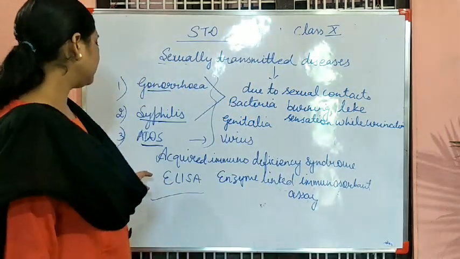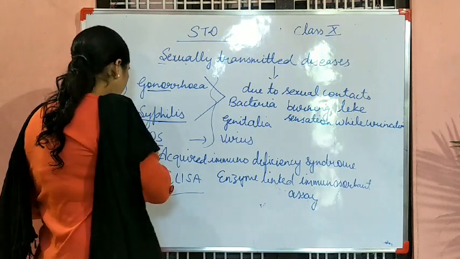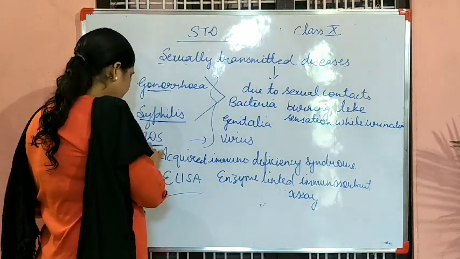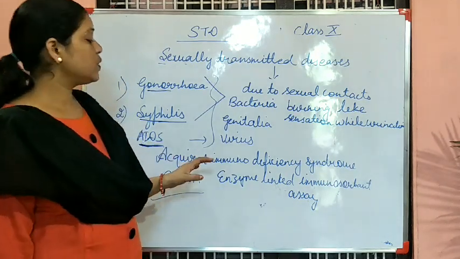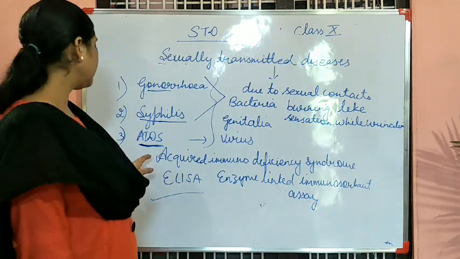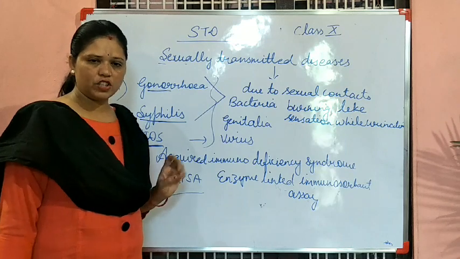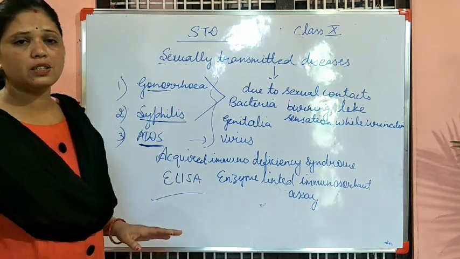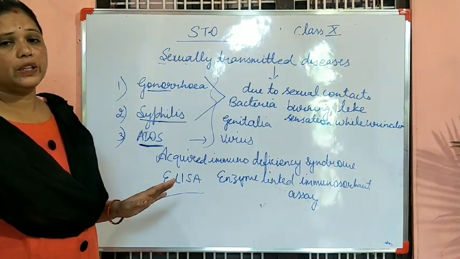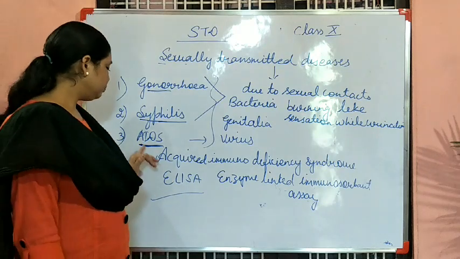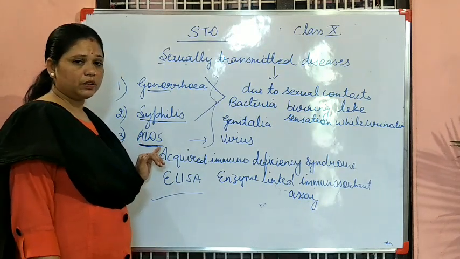And we know that in this disease, what are the common symptoms? And actually, it is a very lethal disease. There is no cure till now. We can cure gonorrhea and syphilis, but AIDS is a very severe disease. We cannot cure it.